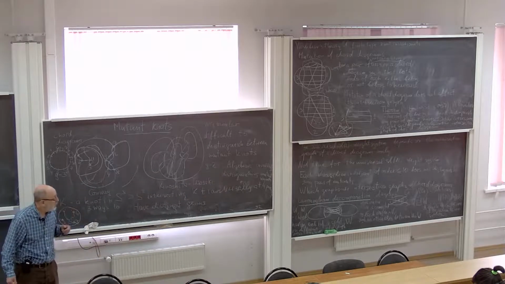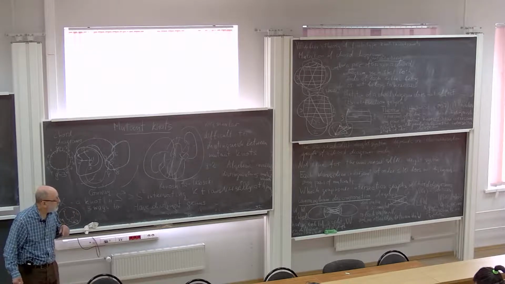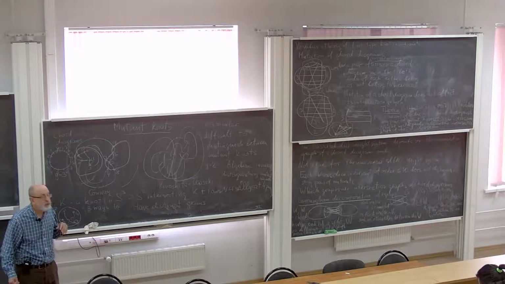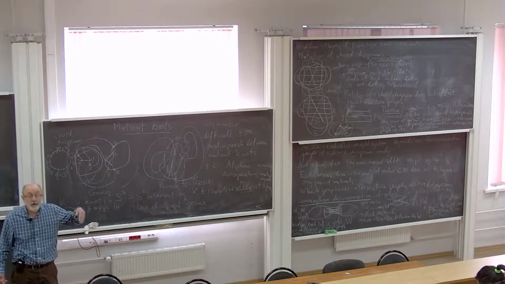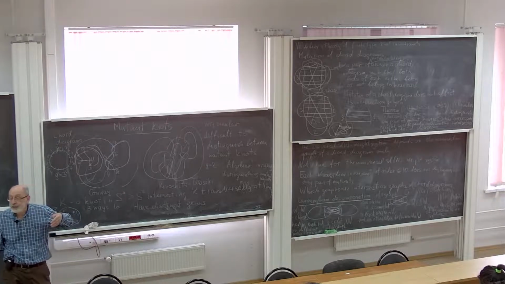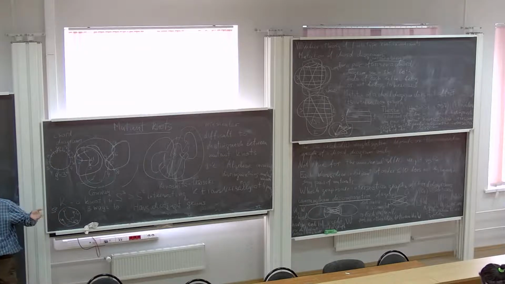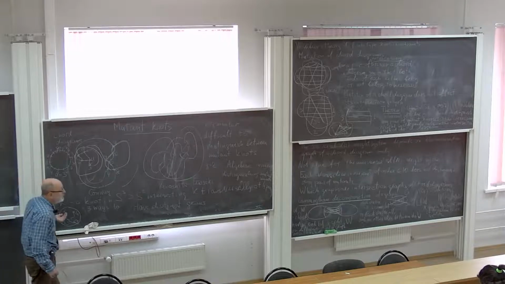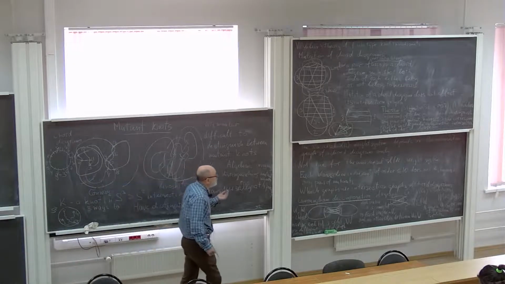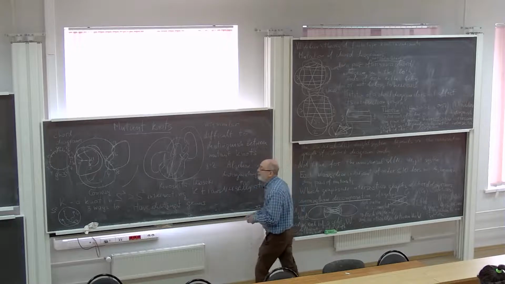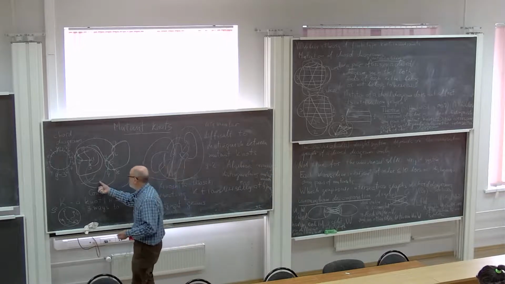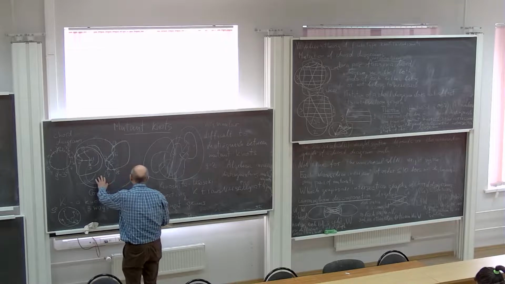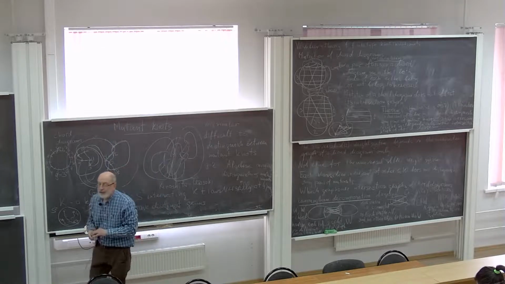Maybe, I don't know, there is a way to compute not the value of a weight system on a chord diagram and on a mutant chord diagram, but the difference of two values. We take these two chord diagrams corresponding to one plane diagram and the other plane diagram.